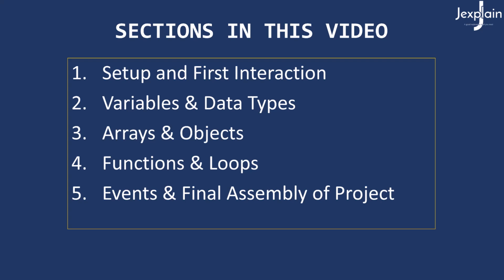Then we will discuss arrays and objects. We will learn what are arrays and objects, and also we will build the codes array for our random code generator app. And then we will go to functions and loops, where we will learn about functions and for loops, and we will also write a function for our random code generator app that we will be building.